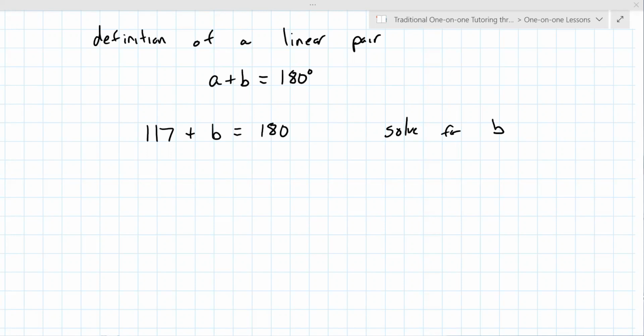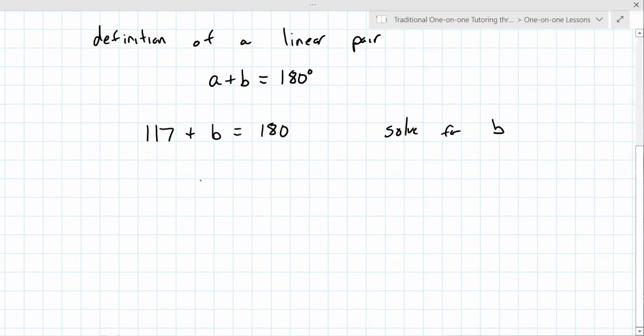Do you have the value of B? Yeah. I'm trying to solve it in my notebook. Okay. 63.